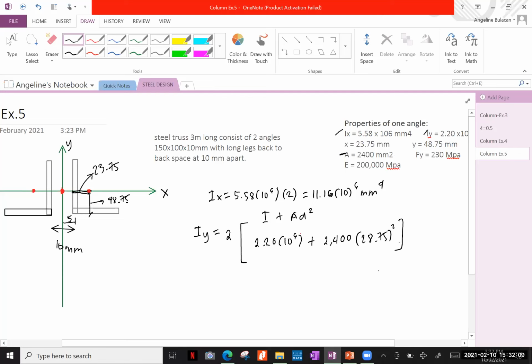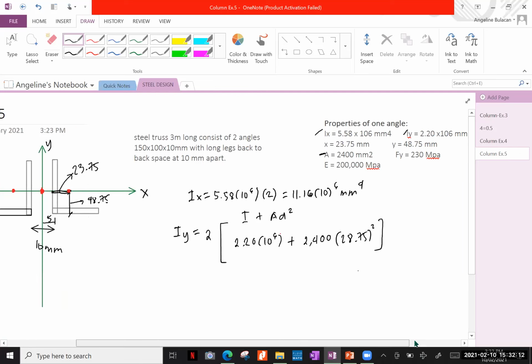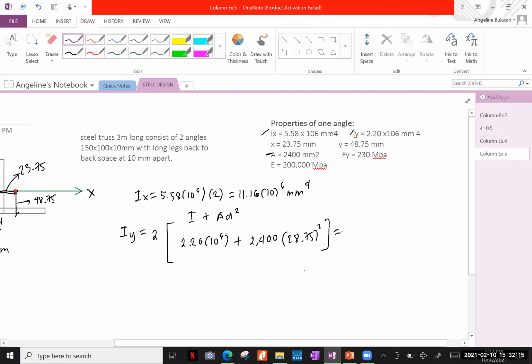So, yan. You will now get your Iy. It's equal to 2 times, plus 2,400. Highway natin is 8.3.36 times 10 raised to 6.